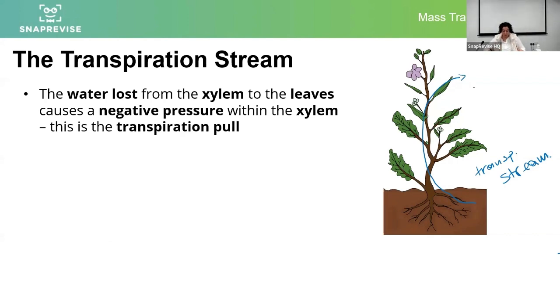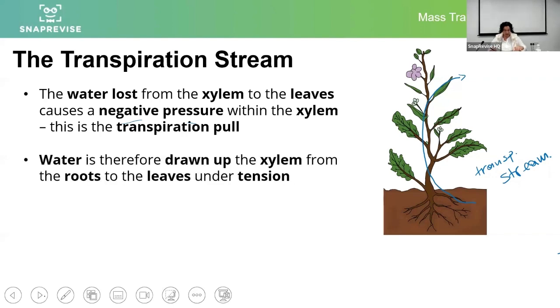So water first is lost by the leaves, and that causes a negative pressure within the xylem. And this negative pressure is what is called the transpiration pull. So the fact that we create a negative pressure means that water will be sucked up, it'll be pulled from the roots.